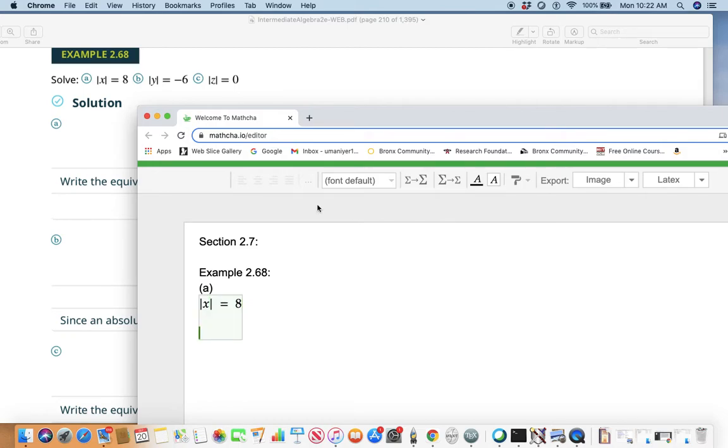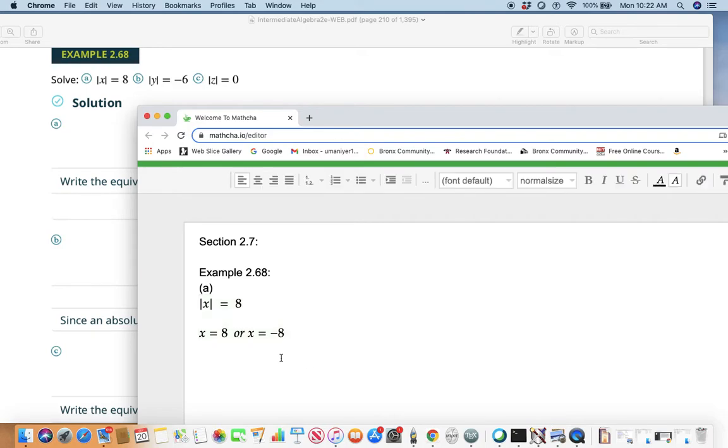What did we just say? The absolute value of anything is a positive or non-negative number, so x equals 8 or x equals negative 8. That's it. We have solved our absolute value equation.